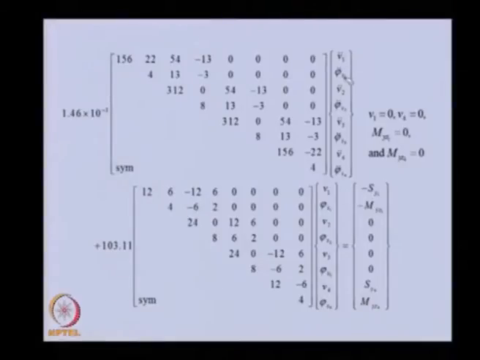We have 4 nodes, and each node has 2 degrees of freedom, so this vector has size 8 by 1. The mass matrix has size 8 by 8. This is symmetric, so only one portion of the off-diagonal terms has been shown.